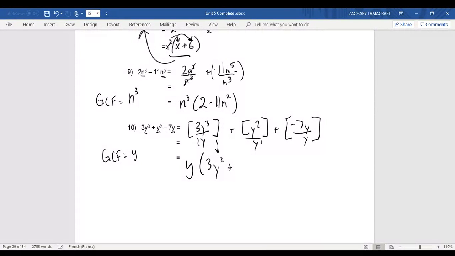Remember, once again, we have that imaginary 1 there. We do y to the 2 minus 1, so it would just be y. And then in our last one, we have negative 7, and the y's cancel themselves out. So our greatest common factored form of 3y cubed plus y squared minus 7y would be y bracket 3y squared plus y minus 7 closed bracket.